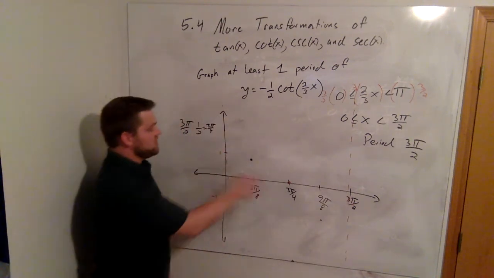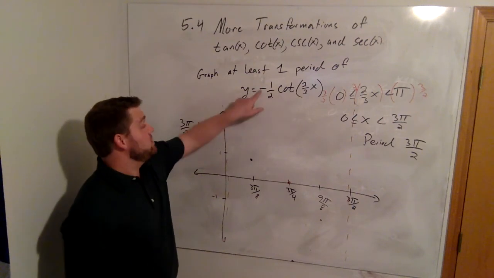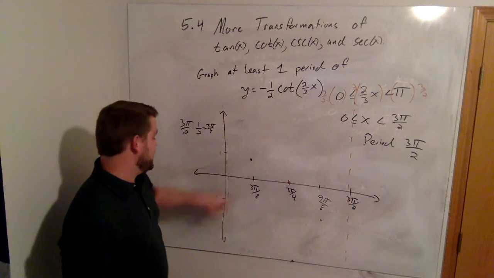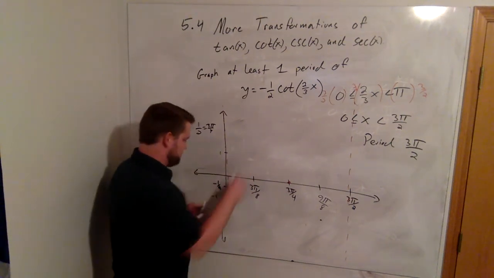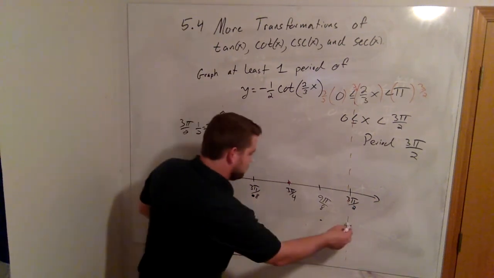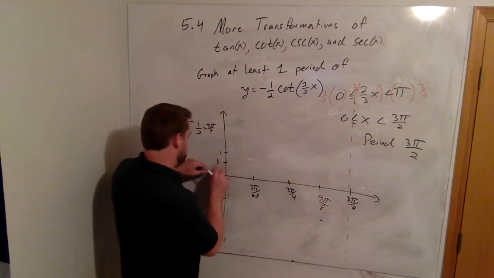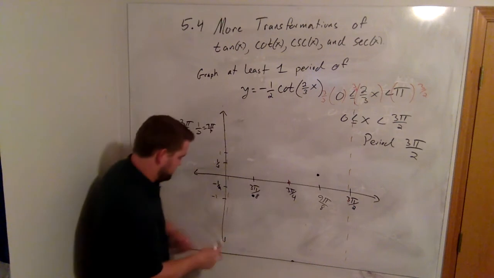But I need to adjust these, because I'm multiplying the outside of the function by -1/2. So this output won't be 1, it'll be -1/2, so this spot will actually be right here. And over here it's usually a -1, but I'm multiplying it by -1/2, so the output will actually be 1/2 right here. And now I can piece together the graph.